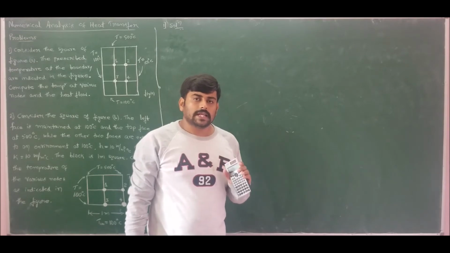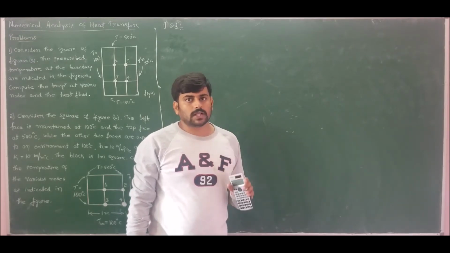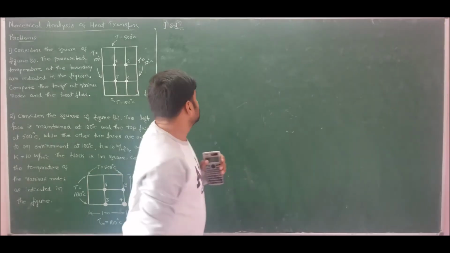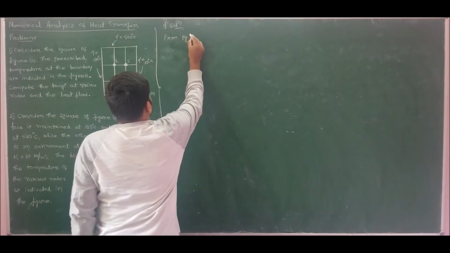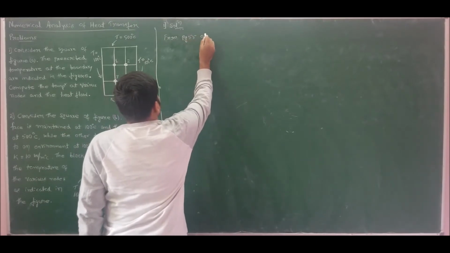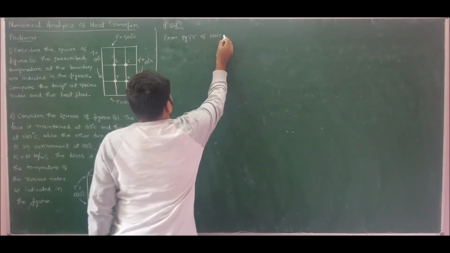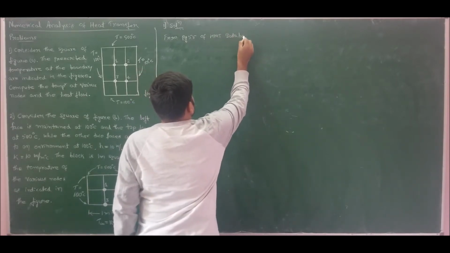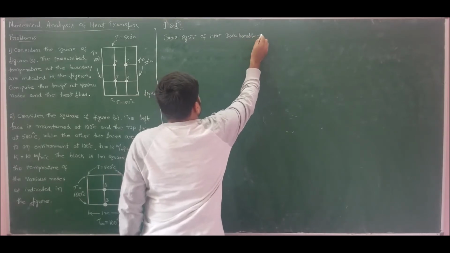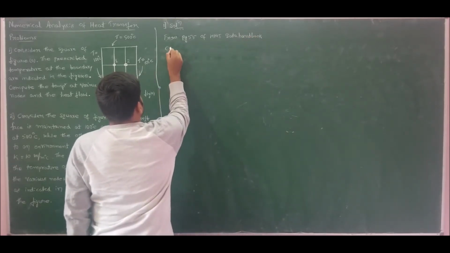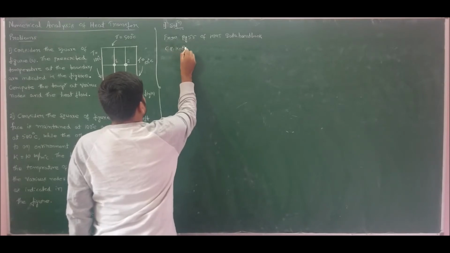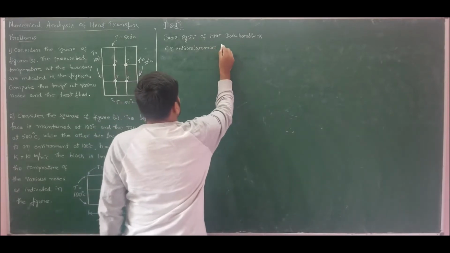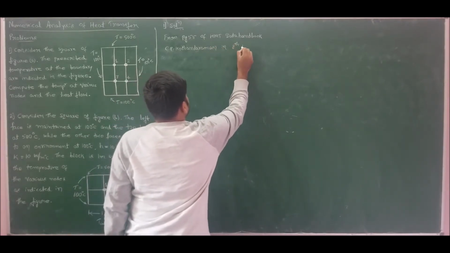Referring to our heat and mass transfer data handbook written by C.P. Kothandaraman, from page number 55, we have the equations for temperature, in the 8th edition which we are following.